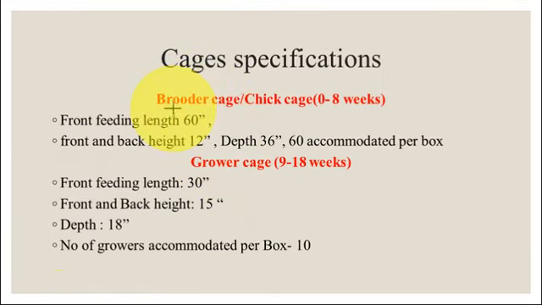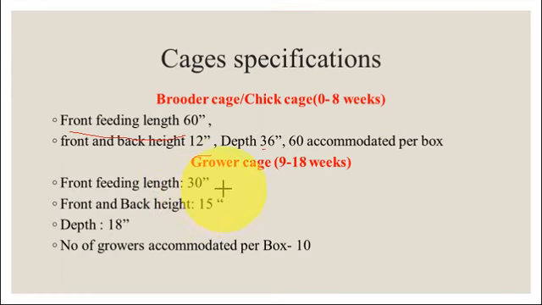Here there are measurement specifications, particularly in brooder cages. Front feeding length is 60 inches, front and back height equal 12 inches, depth overall 30. So per box we can rear 60 birds. Next, grower cages.